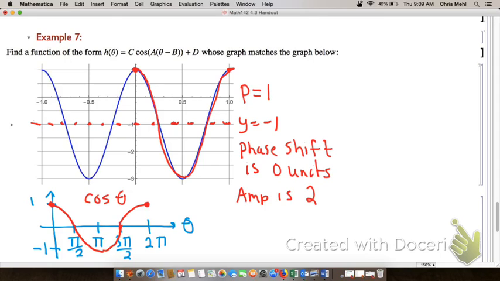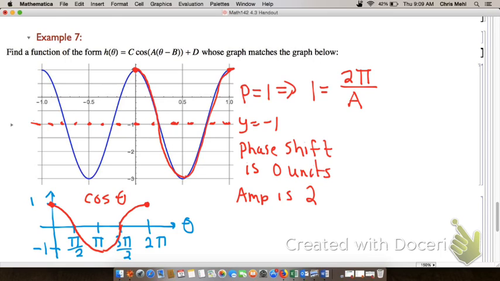Okay, so the period equaling 1, well, that means that 1 has to equal 2 pi over capital A. You can always pick your cycles so that you can avoid any reflections.